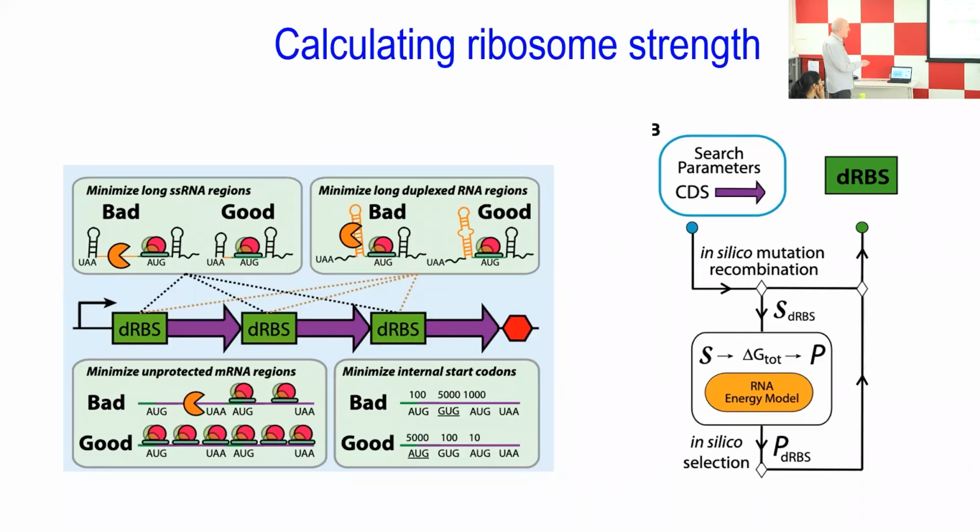So again, Salis has produced a number of calculators on what would be not only the best ribosome binding sites, but also what sequence features you may want to eliminate to make sure that the ribosome, once it enters the right open reading frame, proceeds smoothly till the end of the gene, okay?